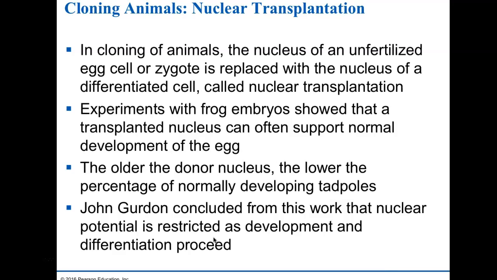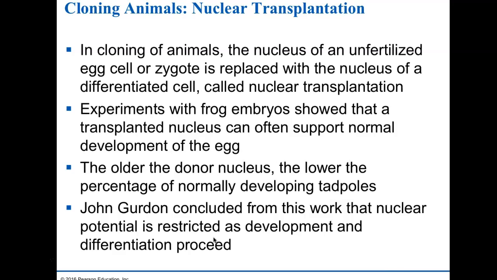And so to clone frog embryos, this guy named John Gurdon did nuclear transplantation. And what he found with frogs is that the older the donor cell, the less successful it is. The older the donor nucleus, the lower the percentage of normally developing tadpoles.